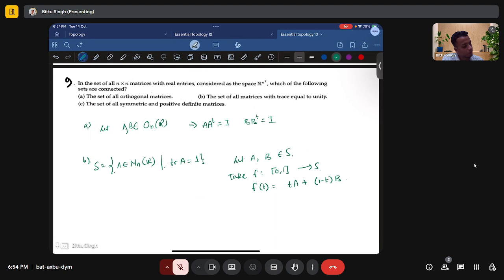Then we note that this is well defined. Why?